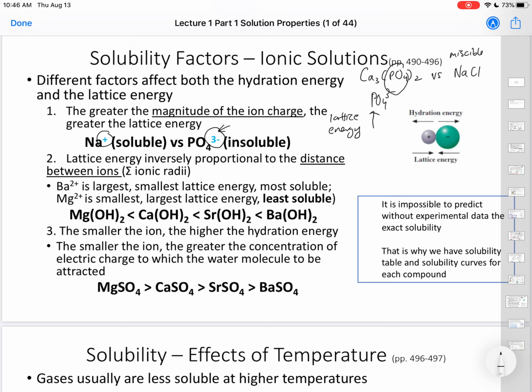The lattice energy is also inversely proportional to the distance between the ions.